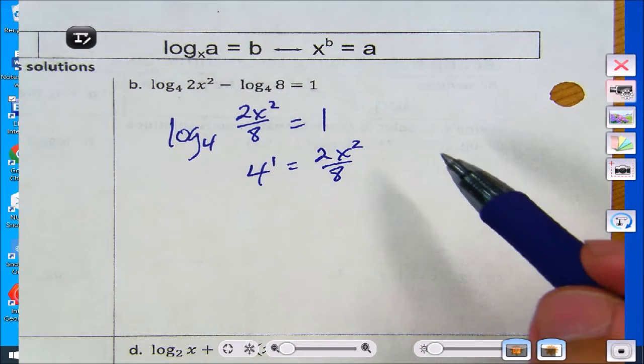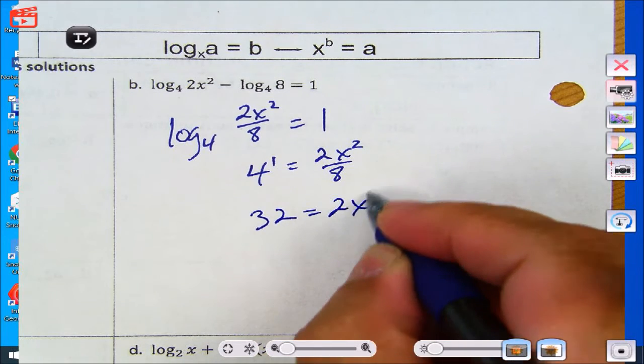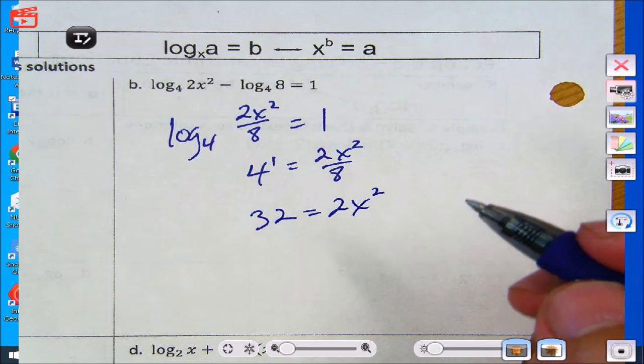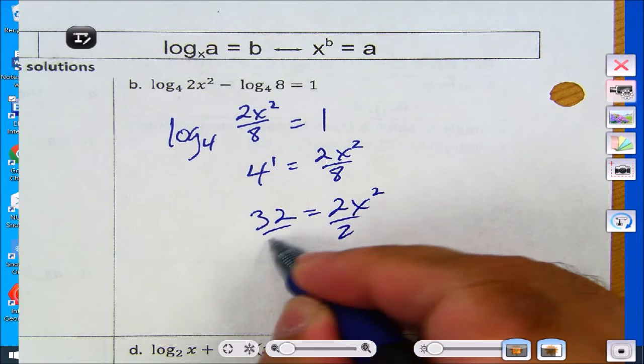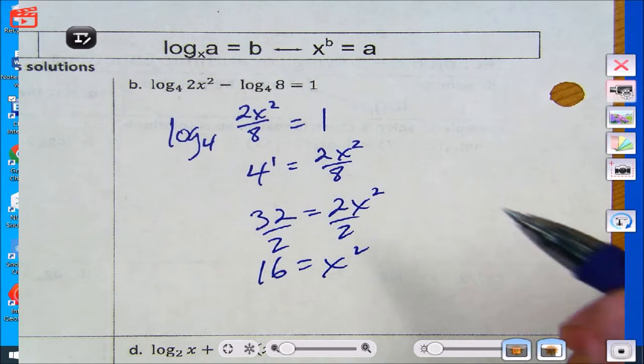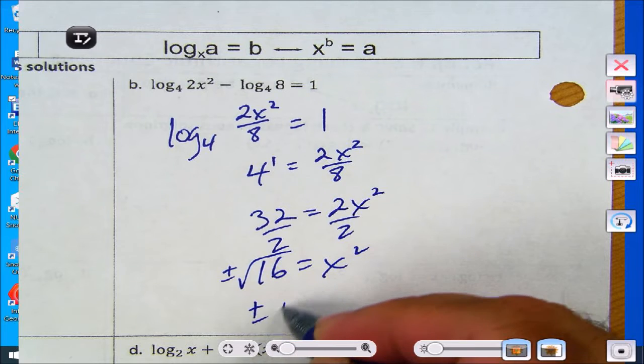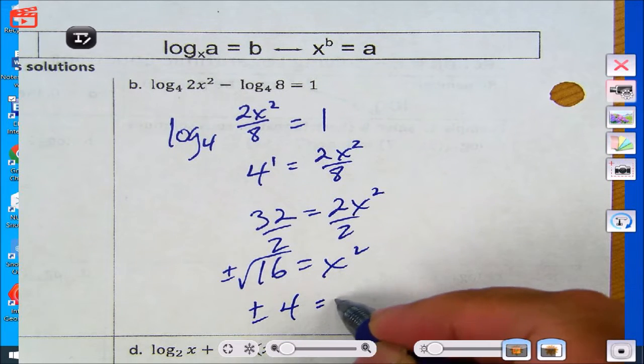And then you multiply by 8. Then what? Divide by 2. And then what? Square root. So you're going to do plus or minus square root. You're going to do both.